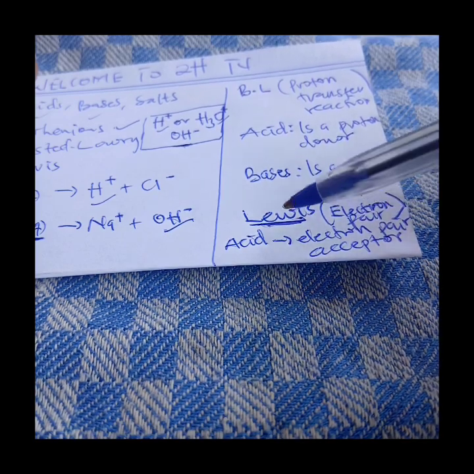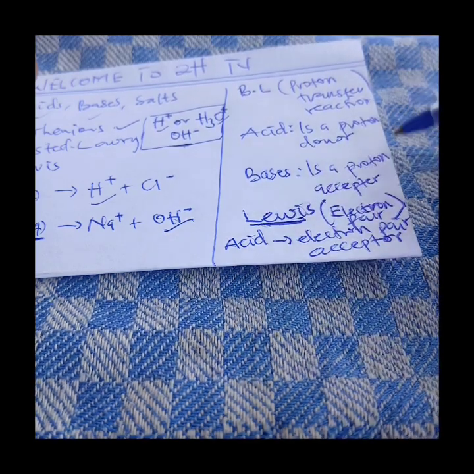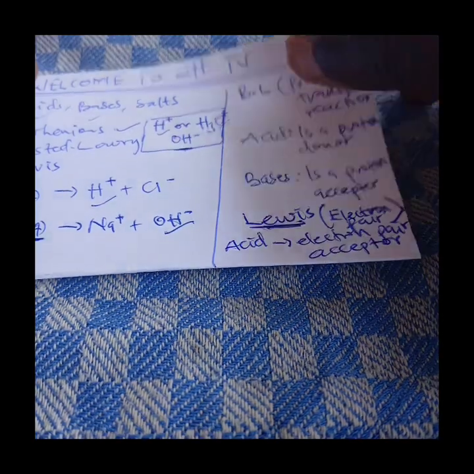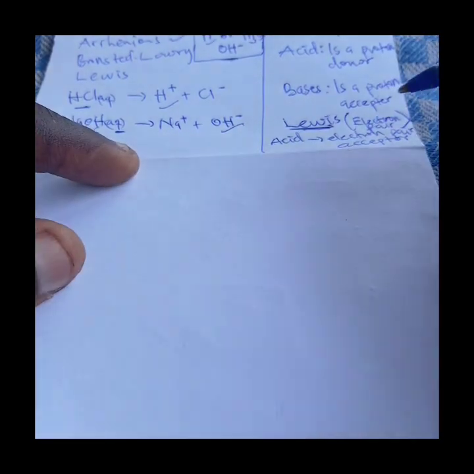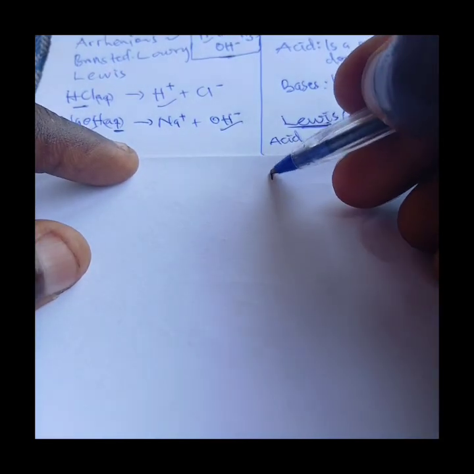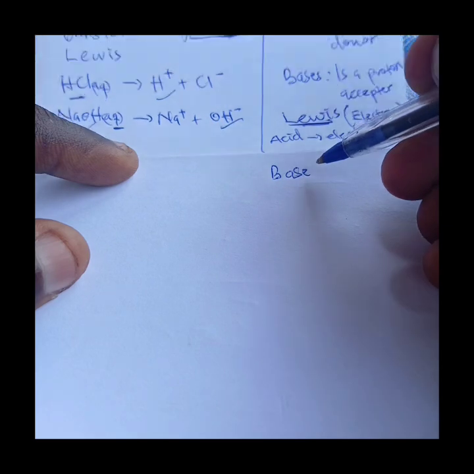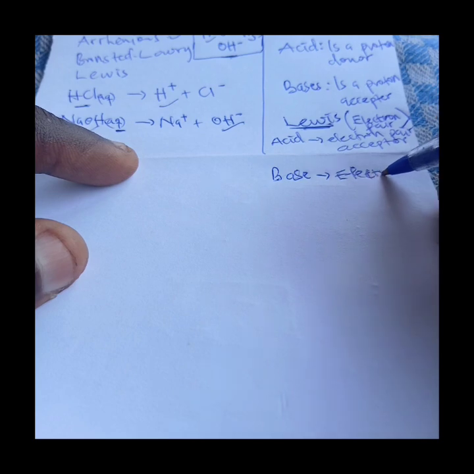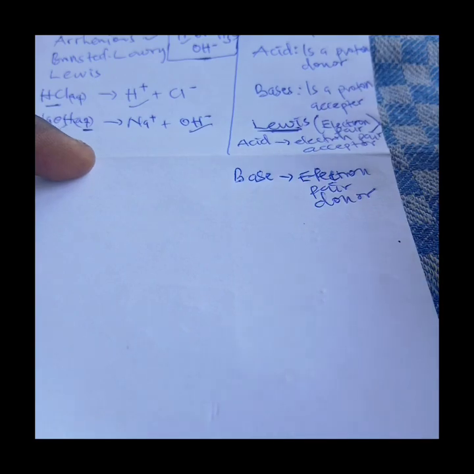So when a substance is able to accept an electron pair, it is termed Lewis acid. So therefore a base is an electron pair donor. Okay, so look at the definitions very well.